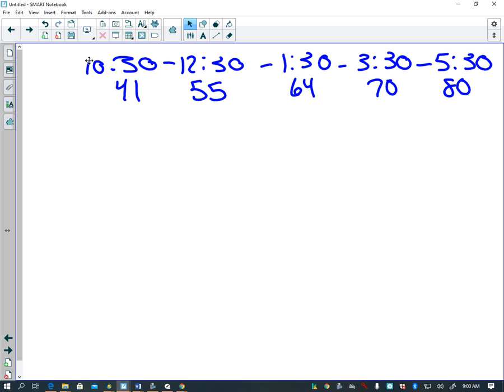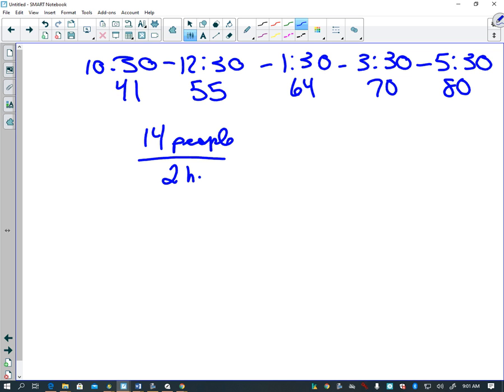Okay. So it increases 14 people over 2 hours. So it increases 7 people for 1 hour, right? Its rate of change from 10:30 to 12:30 is 7. Does that make sense? Okay. Now from 12:30 to 1:30, that's just 1 hour, correct?